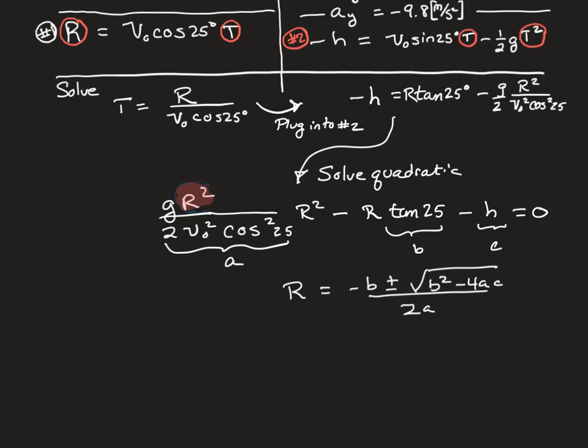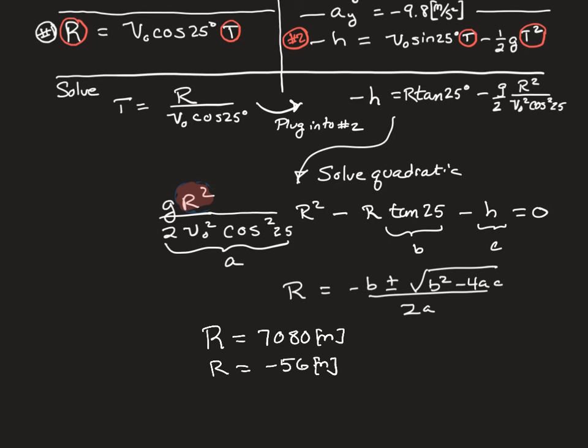So when I plug it into the quadratic equation, I do get a result. The result is going to be two values. r is 7,800 meters, or r is minus 56 meters.